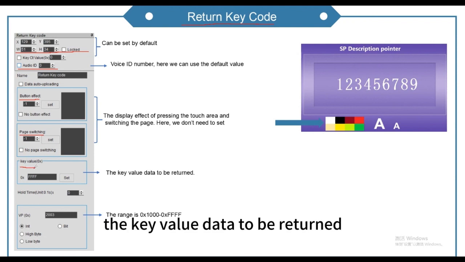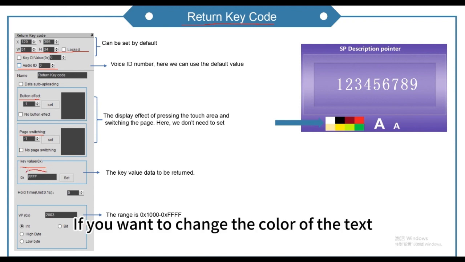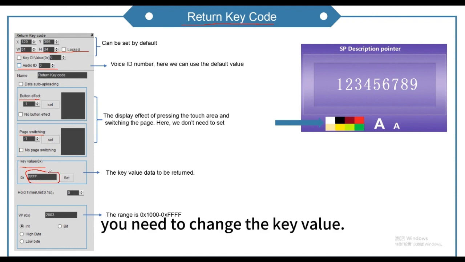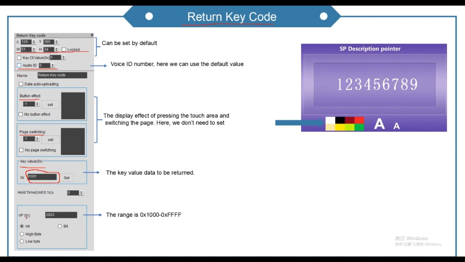The key value is the data to be returned. If you want to change the color of the text, you need to change the key value. Set VP address.